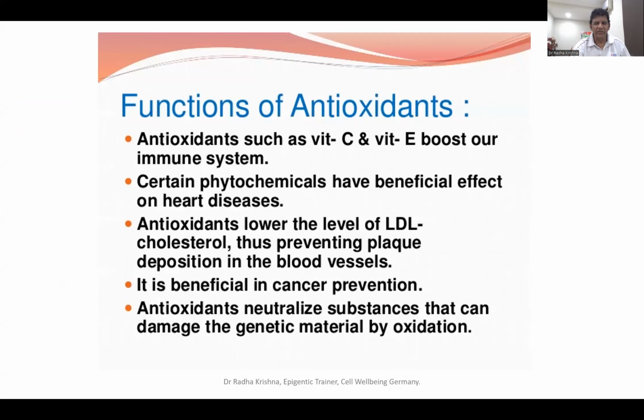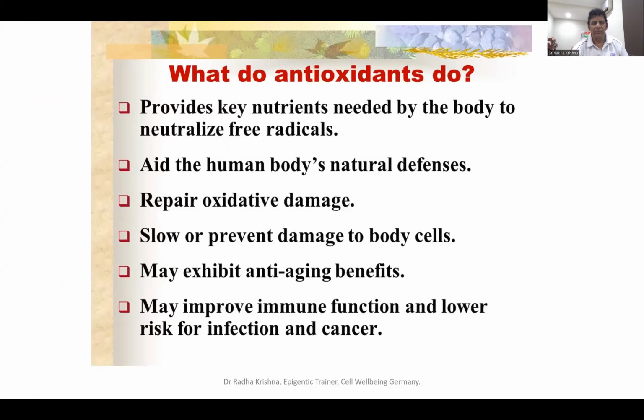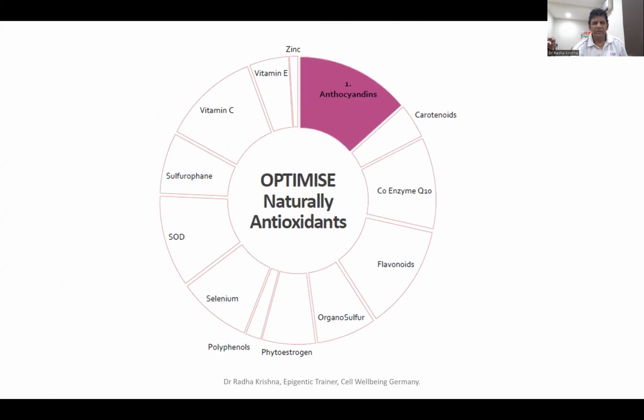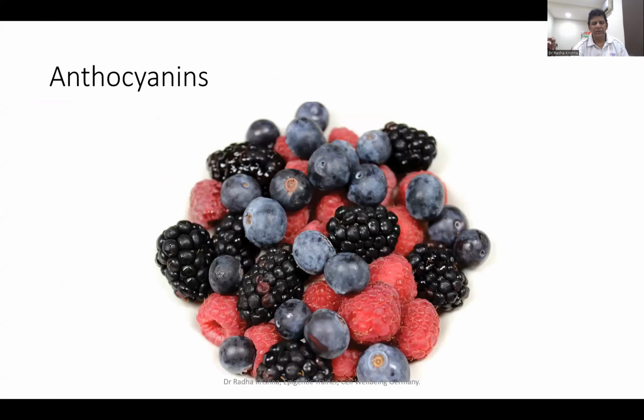Okay, functions of antioxidants. You need to know why you're taking antioxidants. Vitamin C and phytochemicals are antioxidants. It reduces cholesterol, things like that. Okay, I'll run through this very fast, except I'll stick down to 2 places. Okay, anthocyanidins. Anthocyanidins is from here.